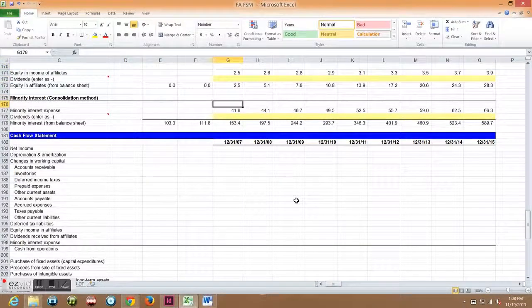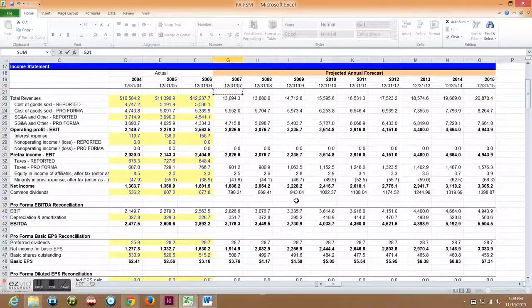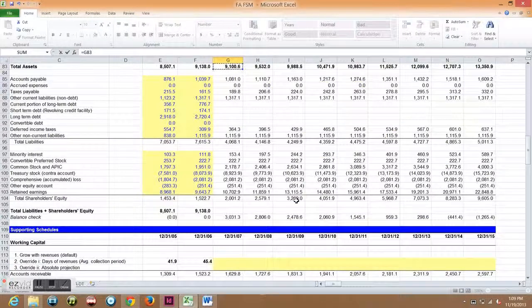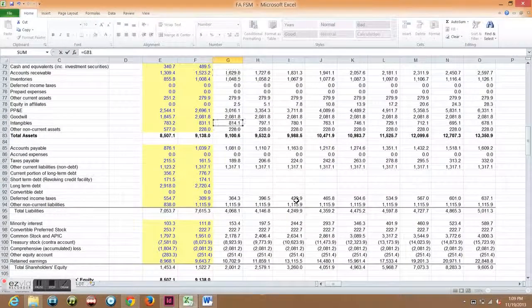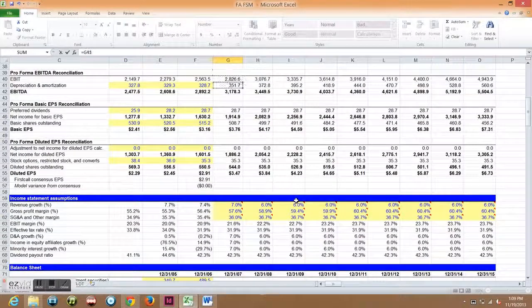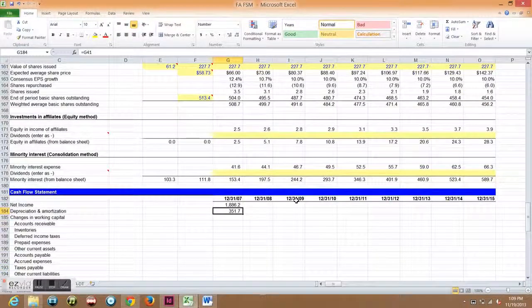So first we're going to link up our net income, which is going to be over here. Then we're going to link up our depreciation and amortization, which is going to be over here. Now, why isn't our depreciation negative?